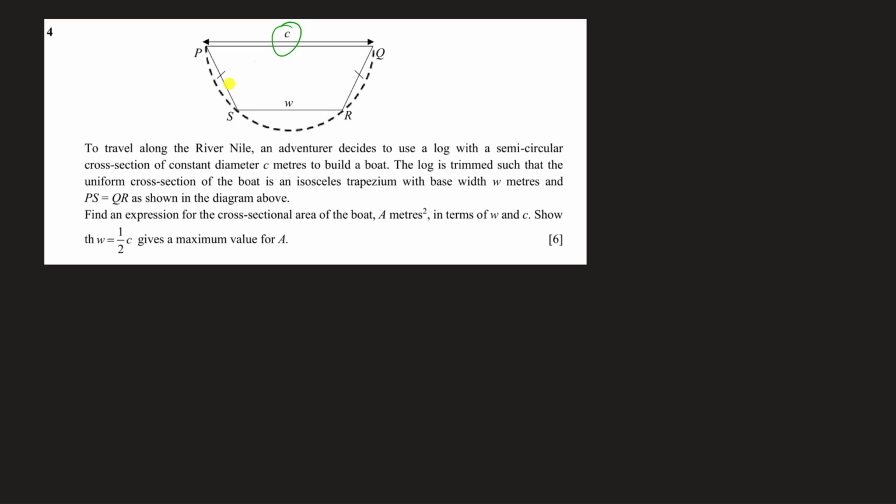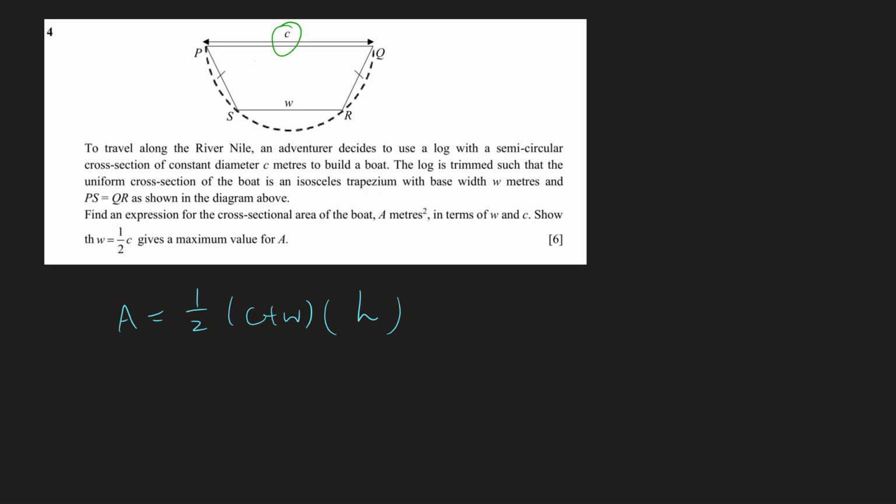Okay, fine. Find an expression for the cross-sectional area of the boat, A meters squared, in terms of W and C. So to do that, the answer is just find the area of a trapezium, which is area equals to half sum of the length of the parallel sides, C plus W, multiplied by the height.